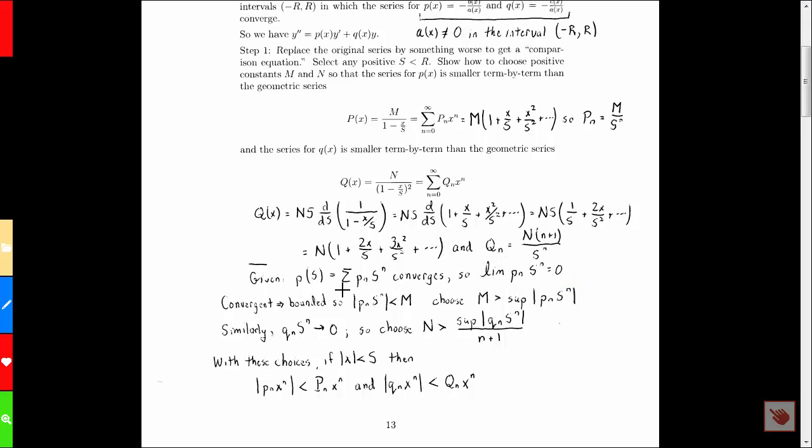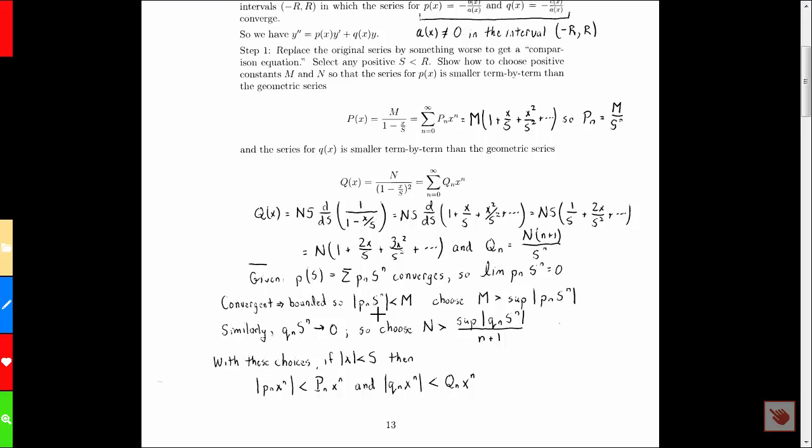And any series that's convergent is bounded, so we can say the absolute value of little p sub n times capital S to the n is going to be bounded. It's going to be less than some quantity capital M, and I will just choose capital M to be greater than the supremum, the least upper bound, of little p sub n times capital S to the n. So now we've got our capital M.